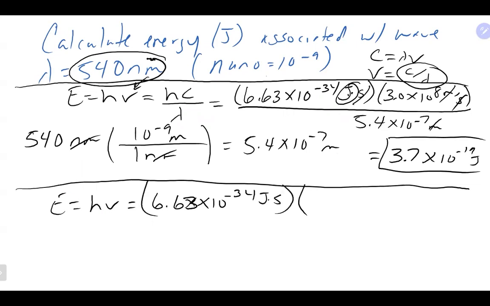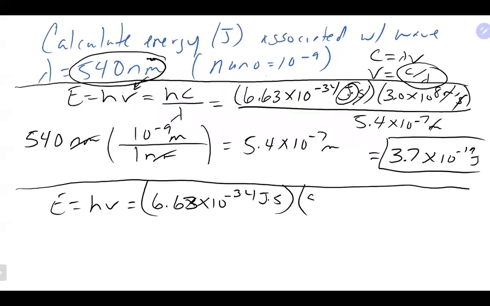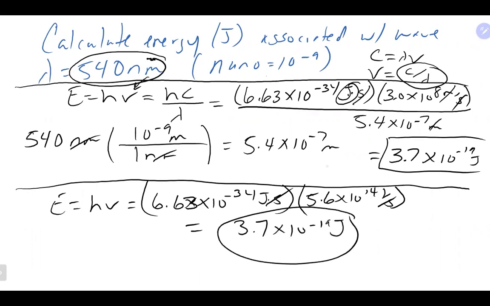Putting the frequency in just the way it was, 5.6 times 10 to the 14 reciprocal seconds, the seconds cancel, and you end up with the same number, 3.7 times 10 to the minus 19. So as you can see, all you need is either the frequency or the wavelength, and you can calculate the energy associated with that wave, regardless of which one you have. Any questions on either of those calculations?